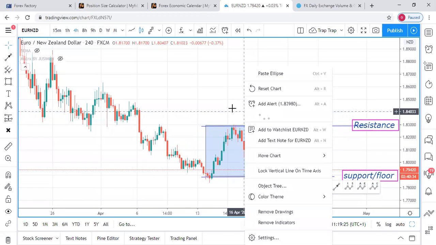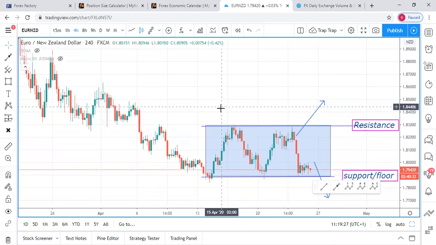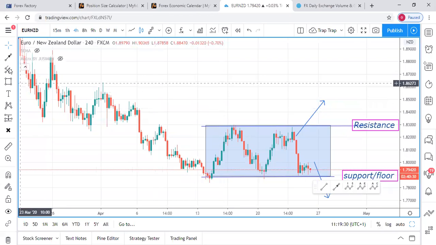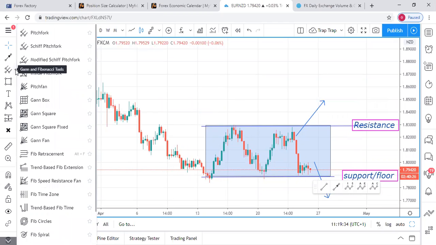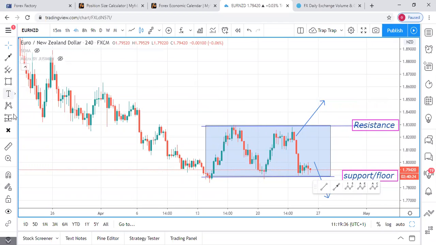Now, still on this EN, we could have some other form of resistance, and I want to introduce you to the next form of support and resistance, right?